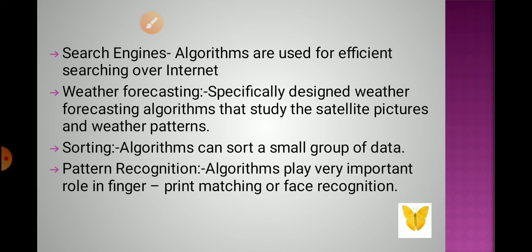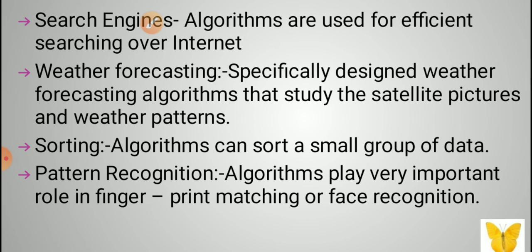Now we will see the uses of algorithms. Algorithms are used in all types of programming. There are standard efficient algorithms available for a variety of tasks. Some examples of algorithm usage include search engines, weather forecasting, sorting, and pattern recognition.